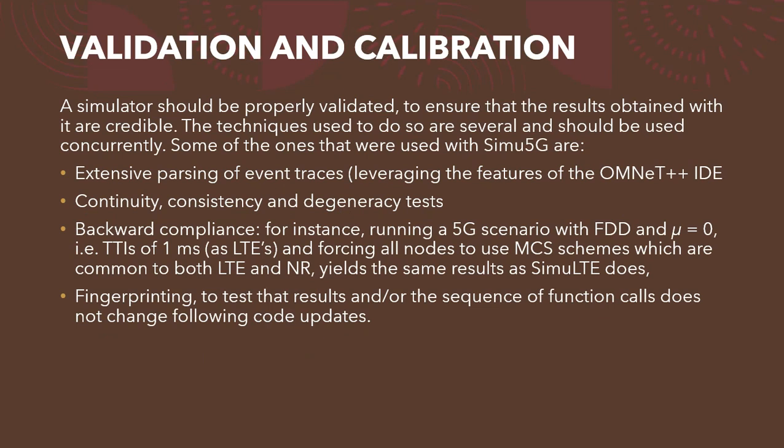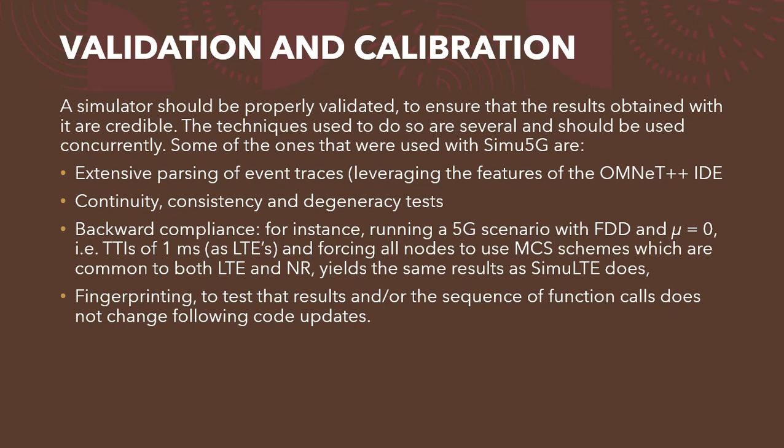Some of the ones used with Simu5G are extensive parsing of event traces, leveraging the features of OMNeT++, ID continuity, consistency, and coherency tests, backward compatibility, for instance, running a 5G scenario with FDD, numerology equal to 0, TTI of 1 millisecond as LTE, forcing all nodes to use MCS schemes which are common to both LTE and NR networks, yields the same result as simulator LTE does.